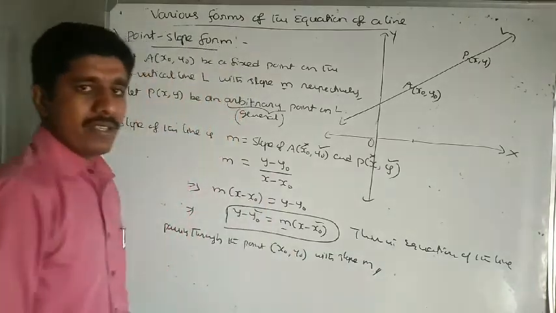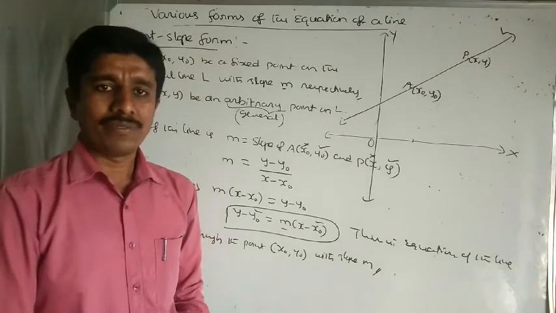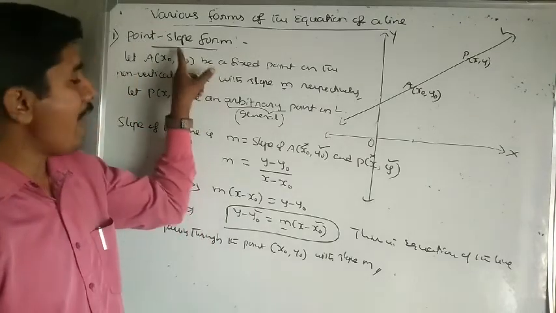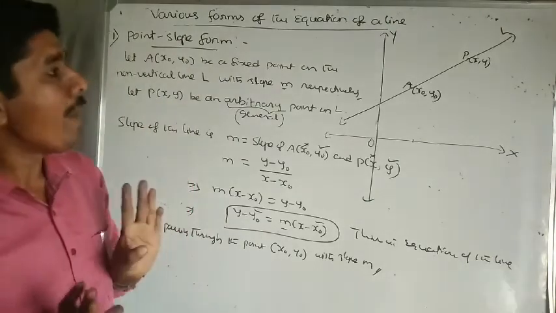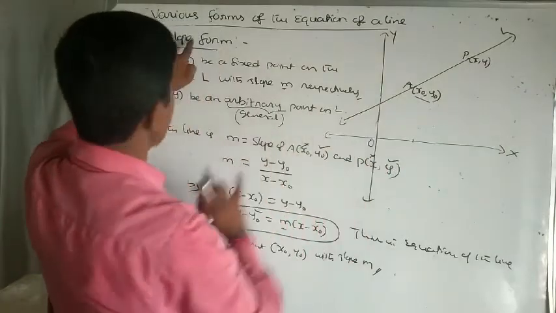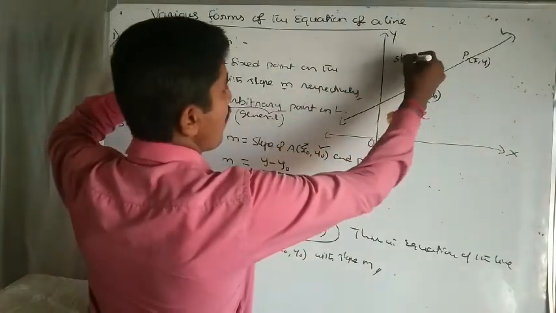Mind it, this is one different equation of a line. This is the point slope pattern: the point is the fixed point, and m is the slope of the line.